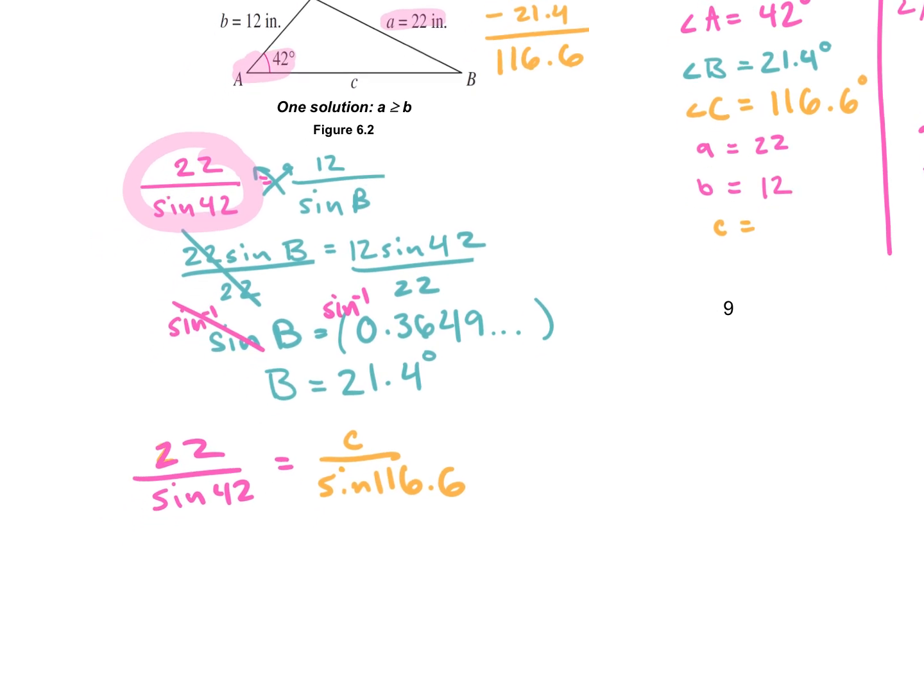Same thing we do to start, cross multiply. 22 times sine of 116.6 is equal to C times sine of 42. Divide by sine of 42.